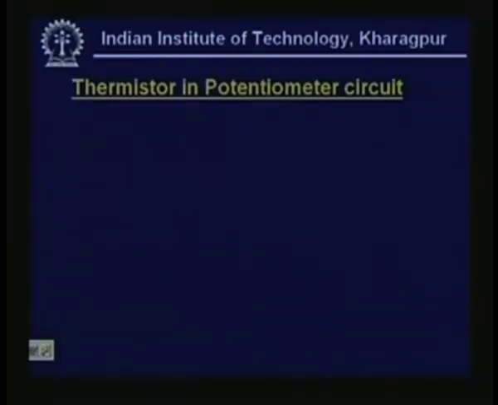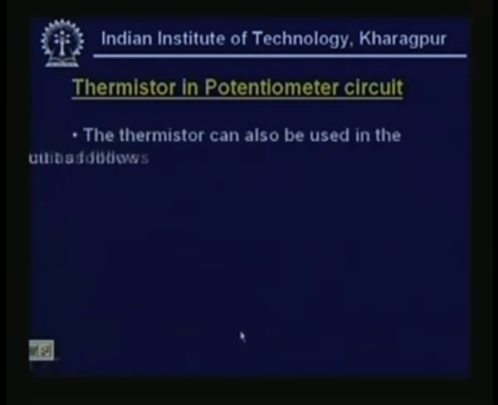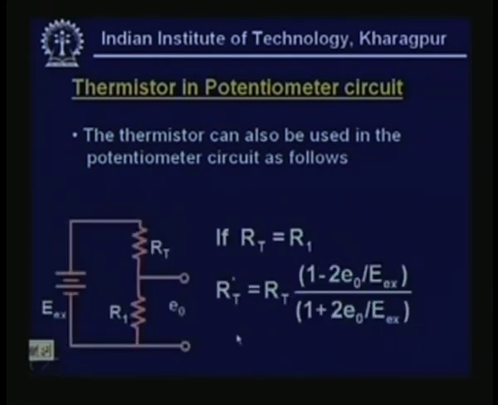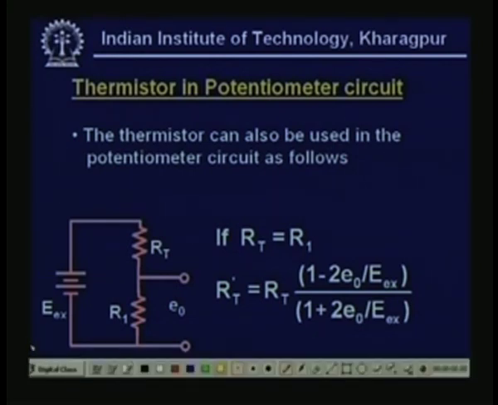A thermistor also can be used in a potentiometer circuit, right? You see there are various potentiometer circuits; this is one of them where the thermistor is used. So this is the thermistor RT and R1.